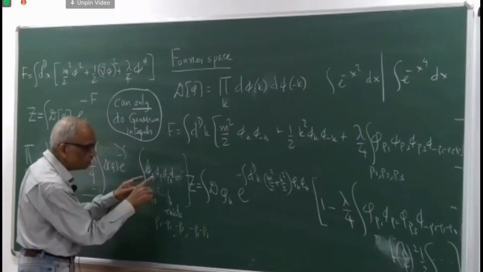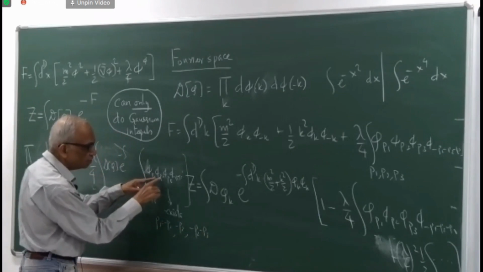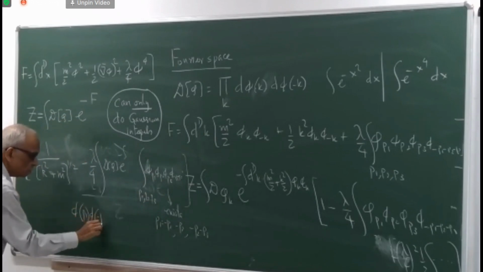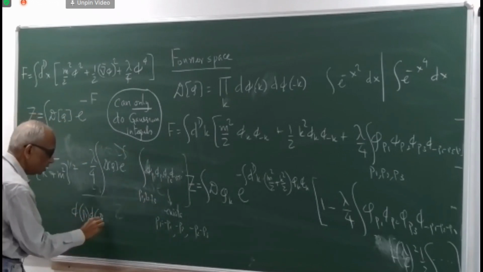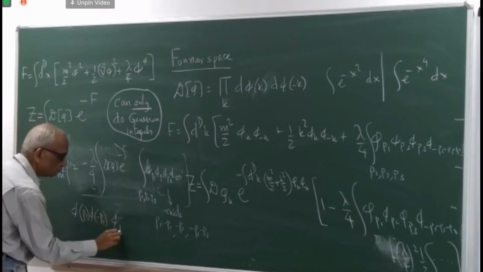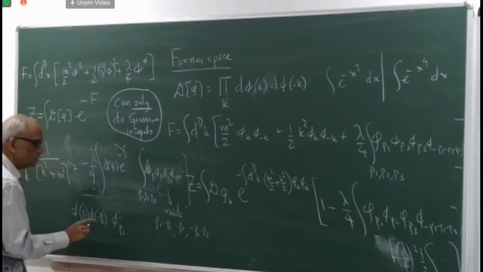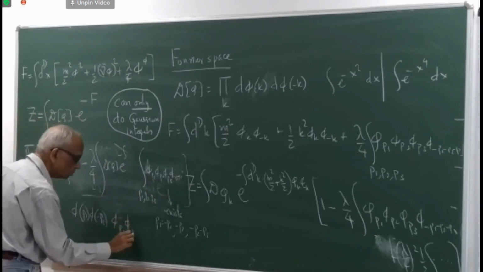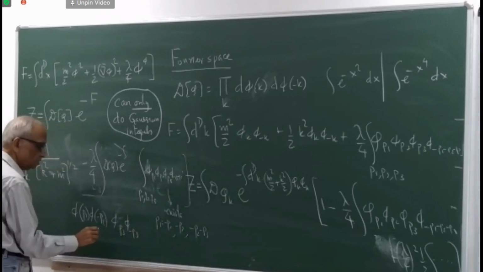So p1 has to be the negative of one of these, so that you have phi p1, phi minus p1, and then the other is phi p3, and p2 has become minus p1, so this becomes automatically phi minus p3.